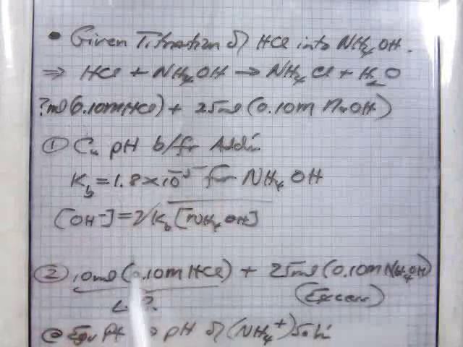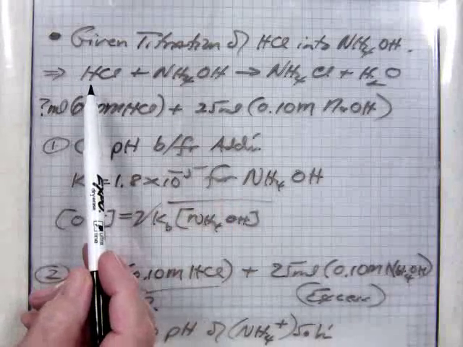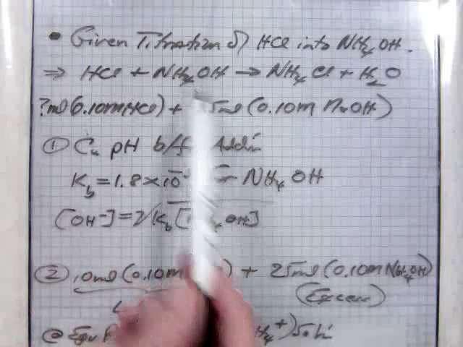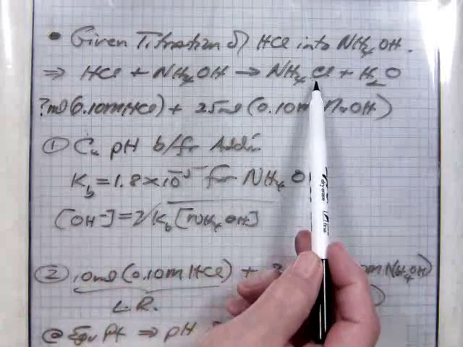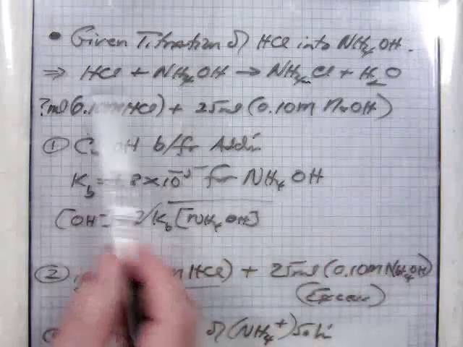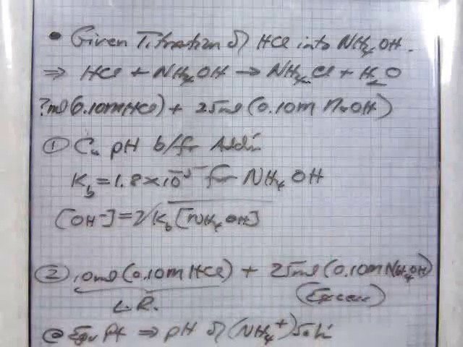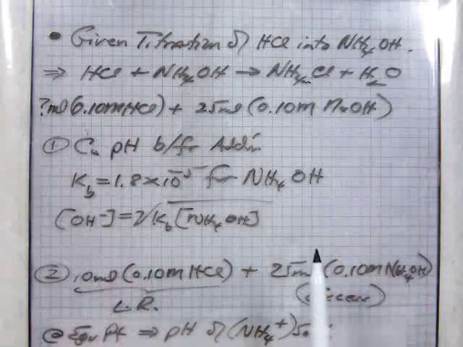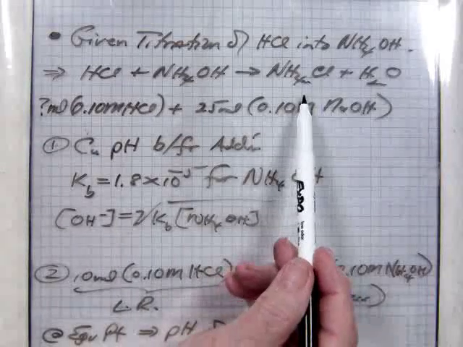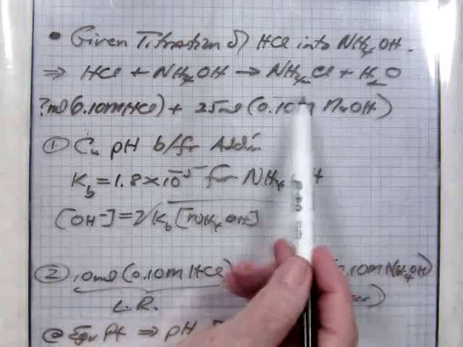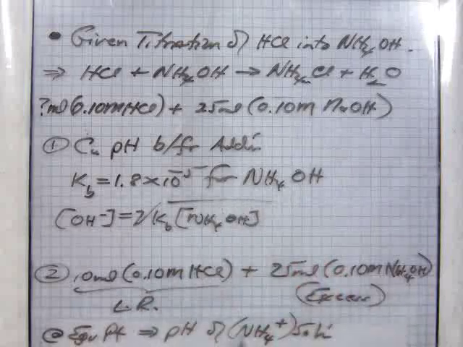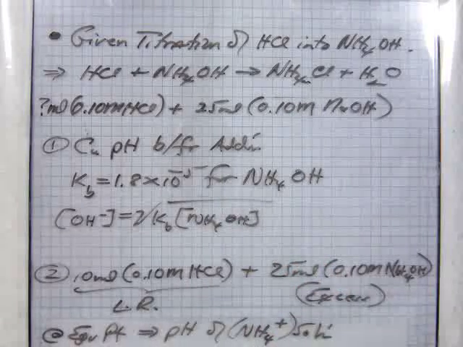So if you took 25 mils of the 0.1 acid, 25 mils of the 0.1 ammonia, you'll have the same moles over here. But you've got 50 mils now. So that's 0.0025 over 0.05, and so that would be the concentration of your common ion. And so that's what you would have to work with in the ice table down here.